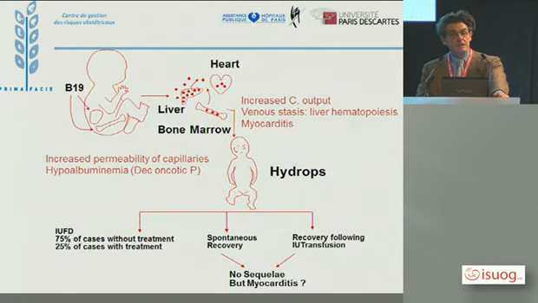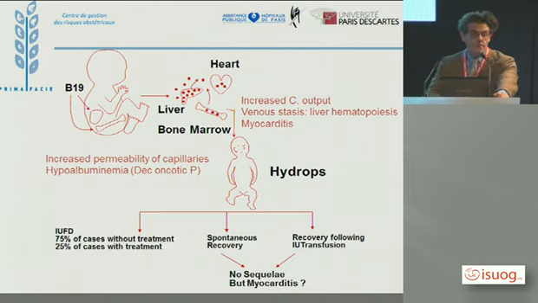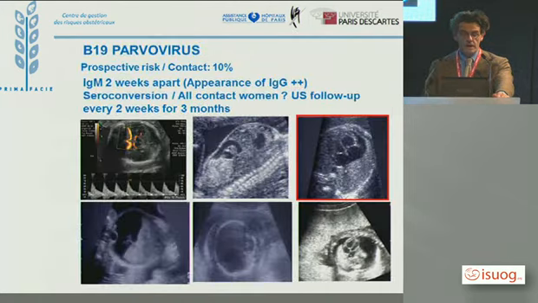The symptoms are occurring through invasion of the bone marrow and the liver, and all the stem cells, the progenitors of the red cells, are infected, and this causes central anemia. Central anemia and potentially myocarditis can lead to hydrops. Myocarditis is the only direct teratogenicity of this virus.